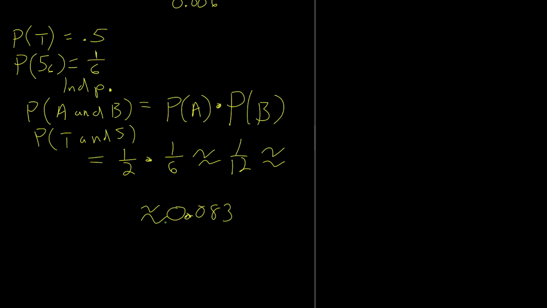And so we have a way of finding probabilities that can happen if they change the sample space. If they don't change the sample space, then probabilities multiply.